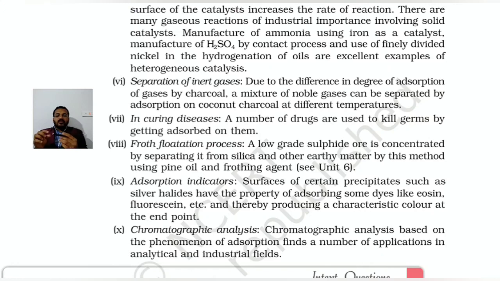So the compound which is more adsorbed by the silica gel will move less, and the one which is less adsorbed will move fast along with the solvent. So based on this differential adsorption, the two compounds can be separated. So these are the areas where the adsorption principle has been utilized.